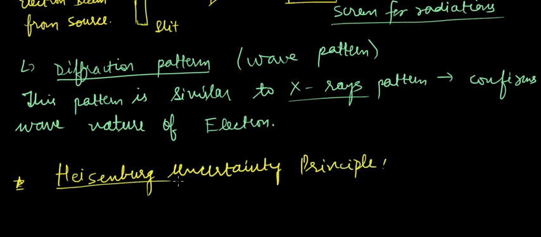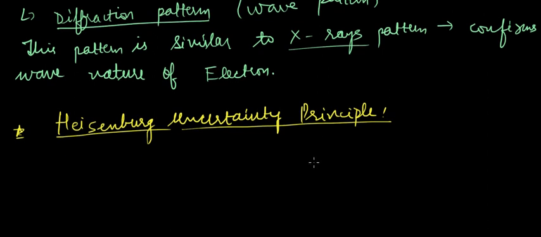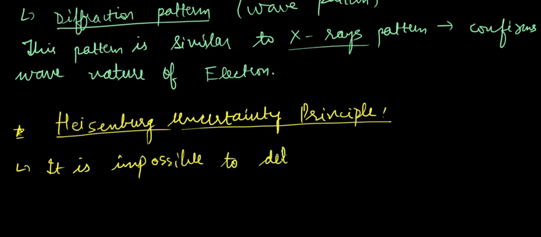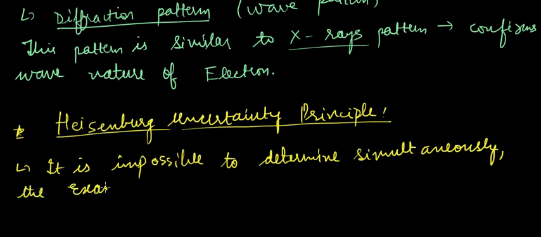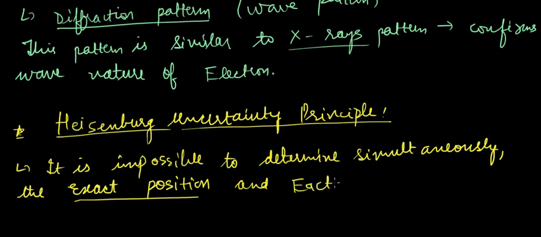It states that it is impossible to determine simultaneously the exact position and exact velocity of an electron at the same time.